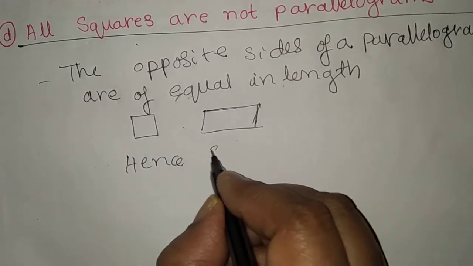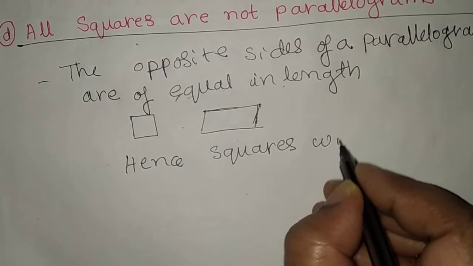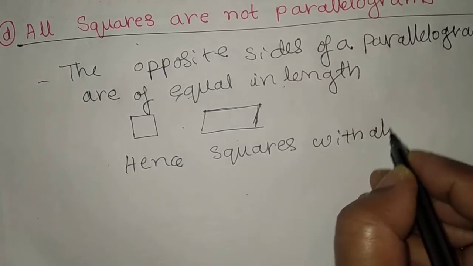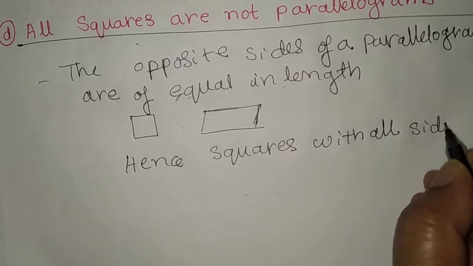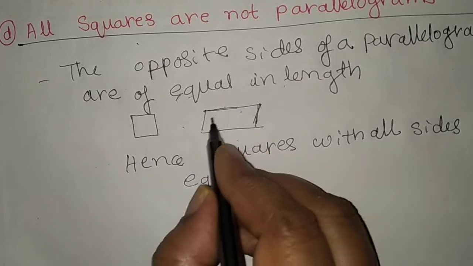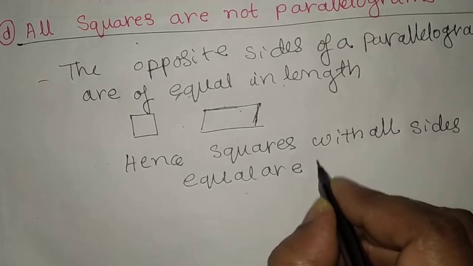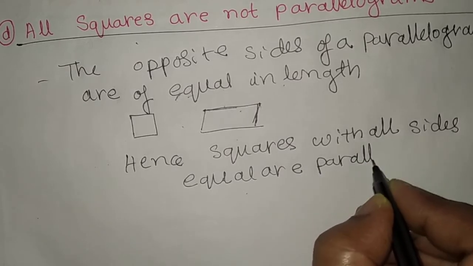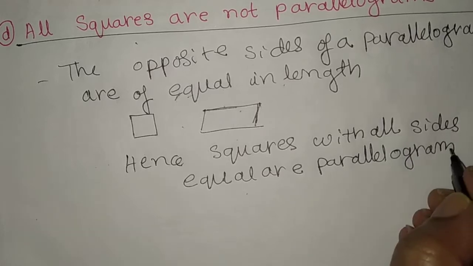So hence we say squares with all sides equal are parallelograms. So this one is false.